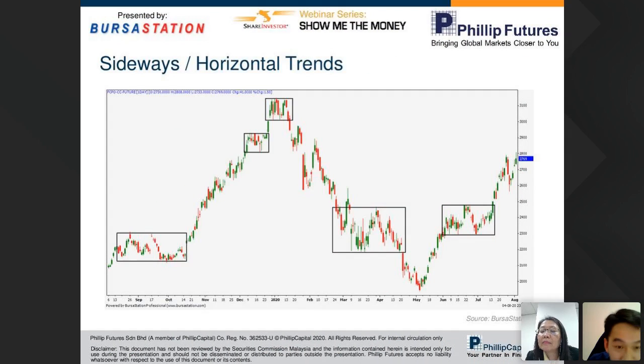Okay, this is one of the FCPO charts. This was taken last week. As you can see, this week the price went back down to 2730. So we actually have a double top there, and price is not creating a higher high, so in the short to mid term you can expect it to be sideways.